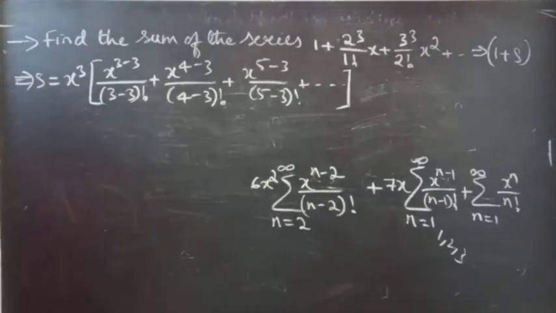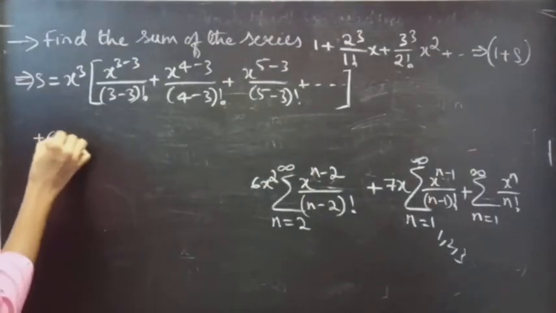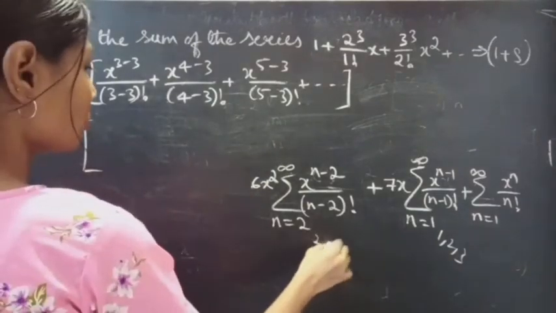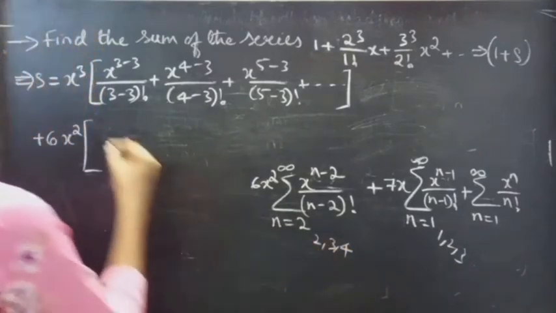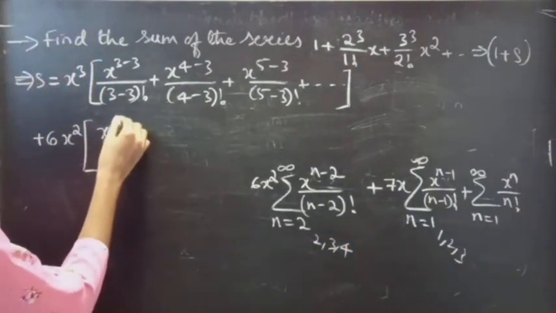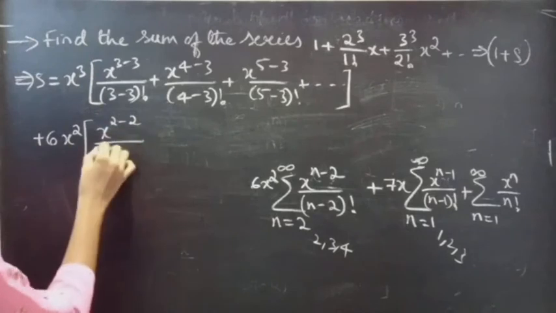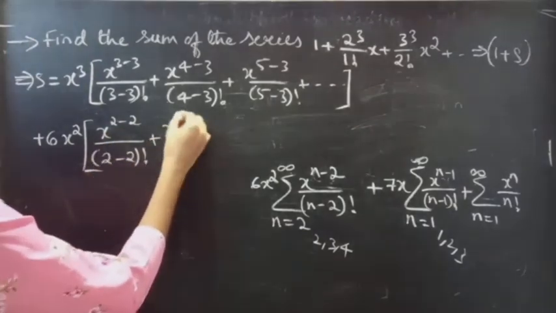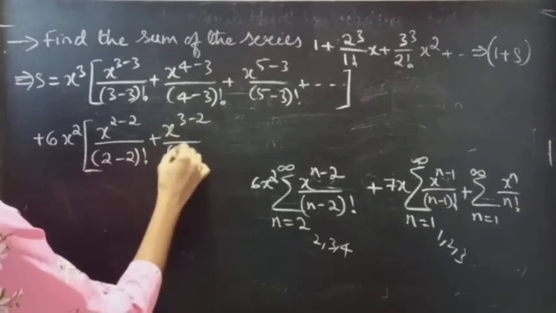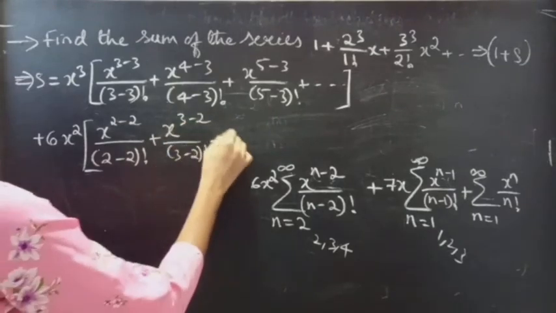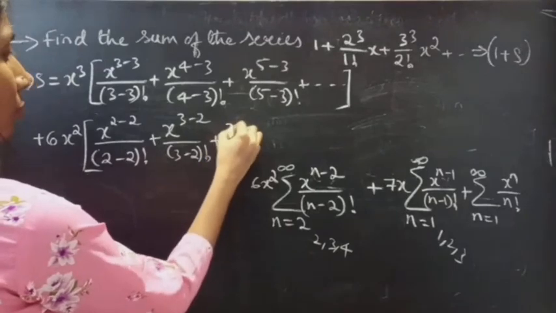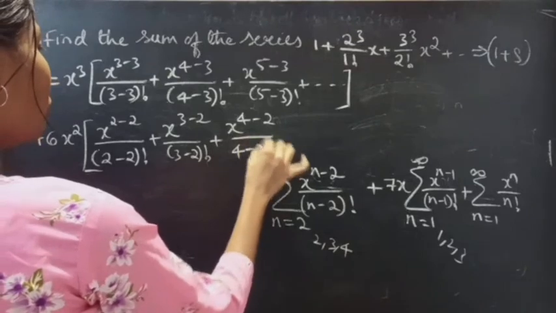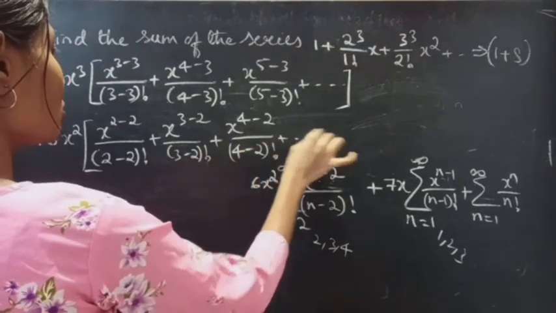Expand the second term, plus 6x square into, for n equals 2, 3 and 4. For n equals 2, we'll get x power 2 minus 2 by 2 minus 2 factorial. For n equals 3, x power 3 minus 2 by 3 minus 2 factorial plus for n equals 4, you'll get x power 4 minus 2 by 4 minus 2 factorial plus so on.